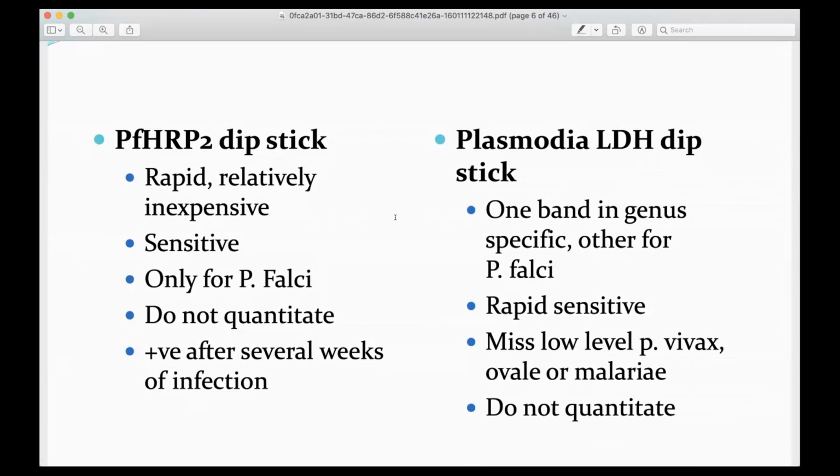But remember, it is not a quantitative test. Quantitative means how much quantity, or in one field how much Plasmodium is there. If you can quantify, then you can understand the severity of the disease. The antigen antibody reaction only gives you data on whether the case is positive or not.